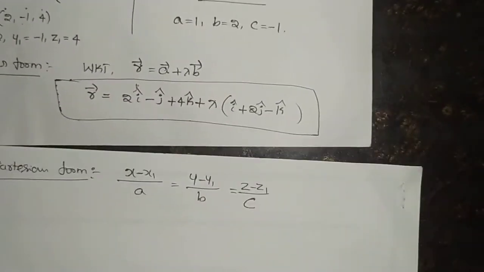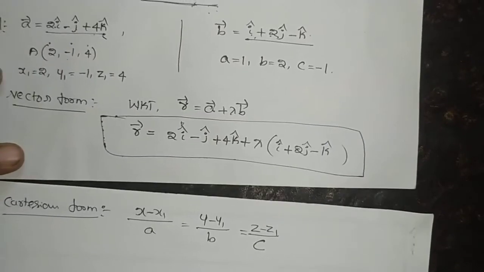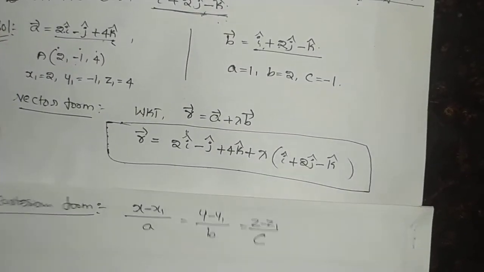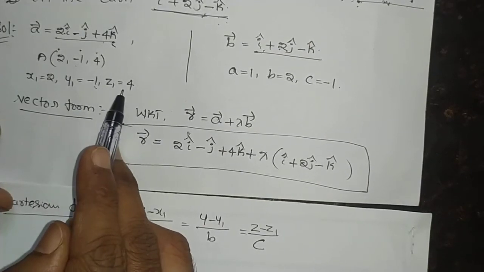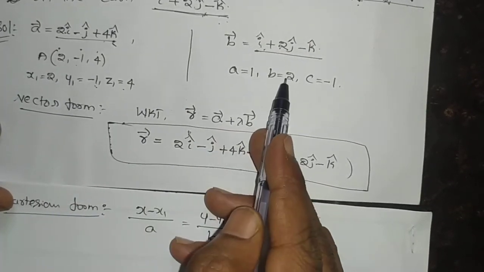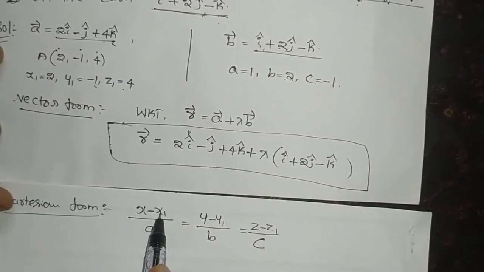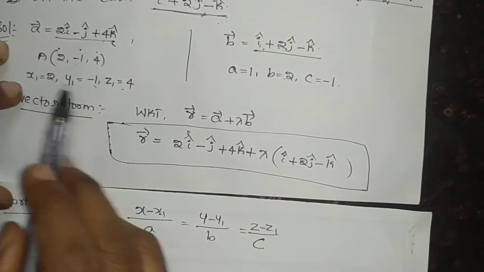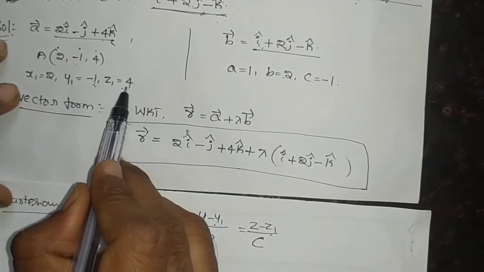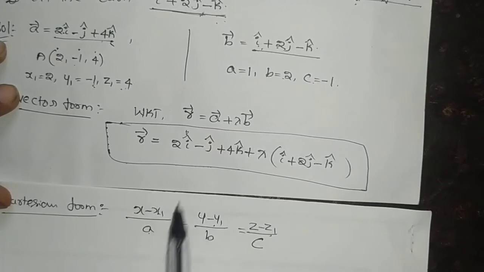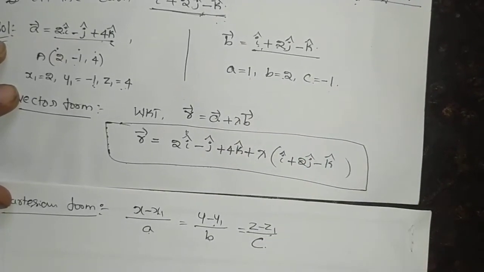See here, we have x1 is 2, y1 is minus 1, z1 is plus 4, a is 1, b is 2, c is minus 1. I am replacing x1 with 2, y1 with minus 1, z1 with plus 4, and at the same time a with 1, b with 2, c with minus 1.